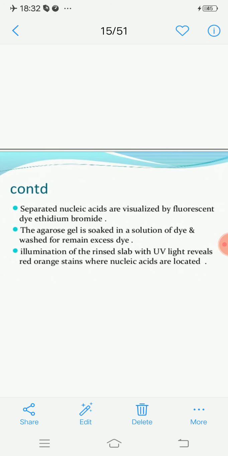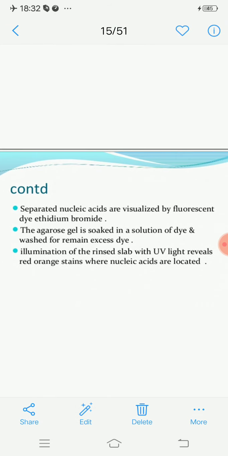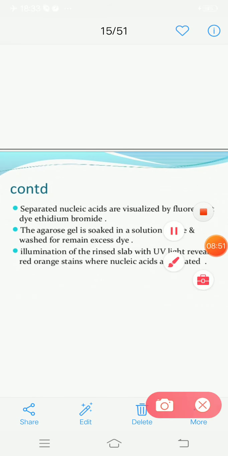Yes, this separated nucleic acid, okay, this is your gel. On your gel, the separated nucleic acid can be visualized with the help of ethidium bromide. This thing we have already seen in the agarose gel electrophoresis video. Okay, ETBR is what? ETBR is an intercalating agent.